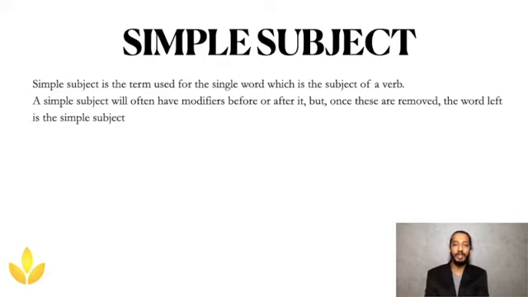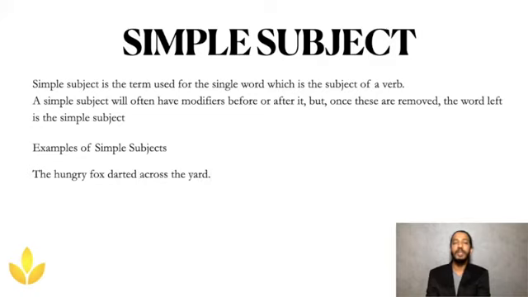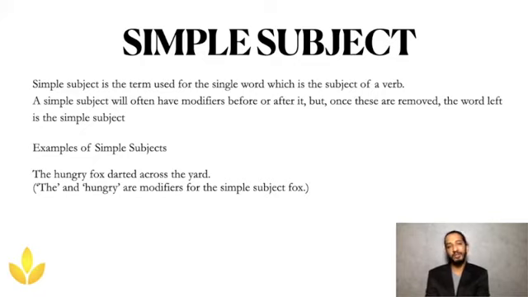For example, here, the hungry fox darted across the yard. The and hungry are modifiers for the simple subject, which is fox. Fox darted across the yard can also make sense, but the hungry fox makes more sense in this sentence.